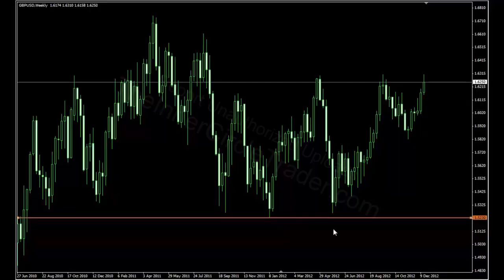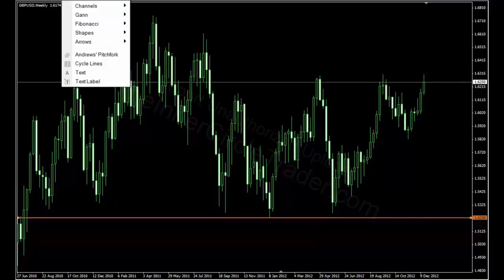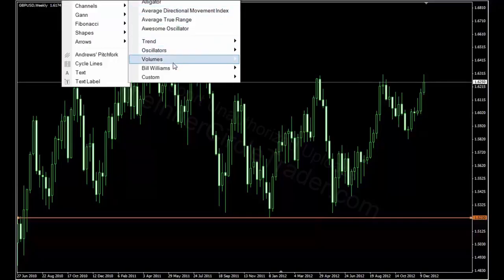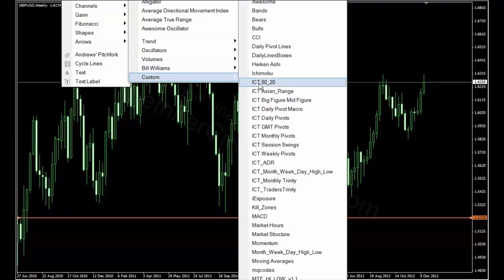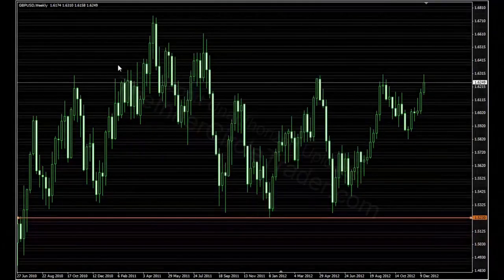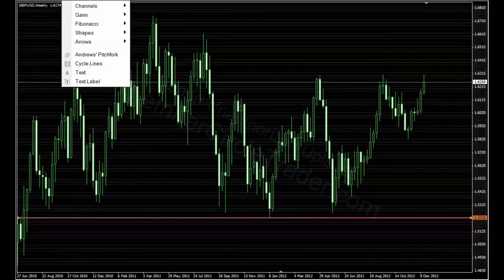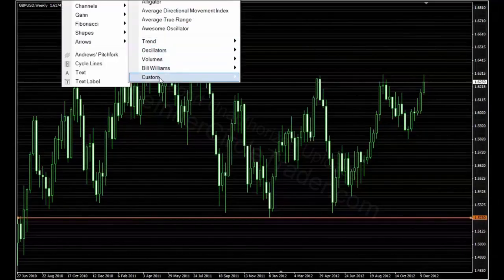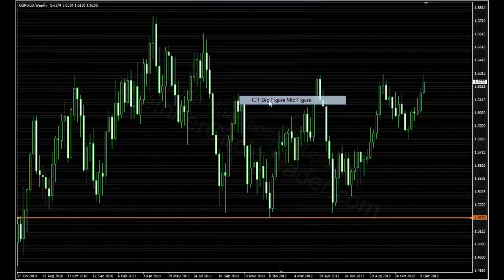So now, while it's still approximately 70 pips or so of potential range in here where we would anticipate the low forming, it's not hard in terms of now applying our levels that we're familiar with, the 80s and 20s. Okay, and we're going to introduce again the big figure and mid figure indicator.